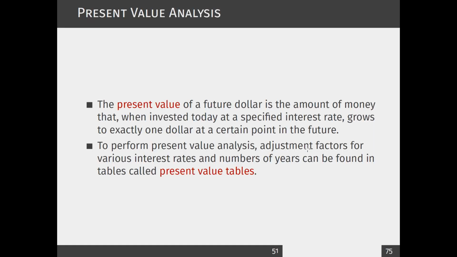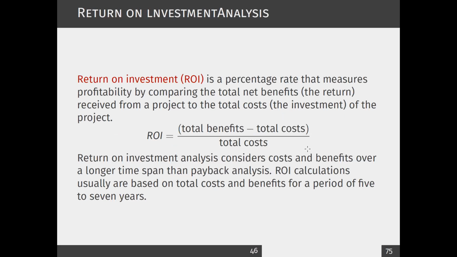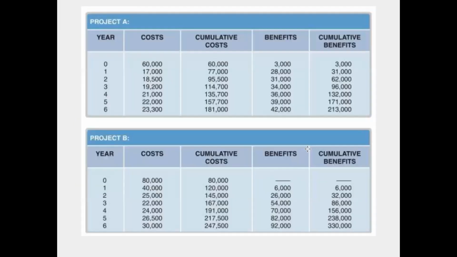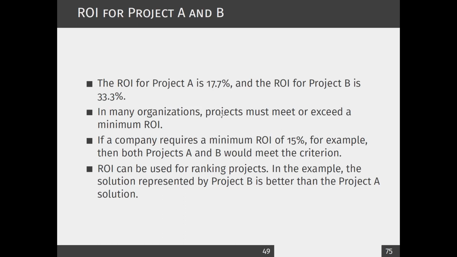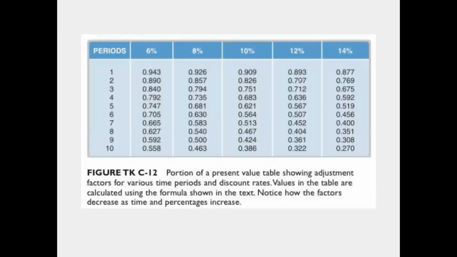For project A, you can see the first year, what is the value? For example, if you take project A, the cumulative cost is 60,000, but that 60,000 we have to multiply with this rate. In this case, 0.893.